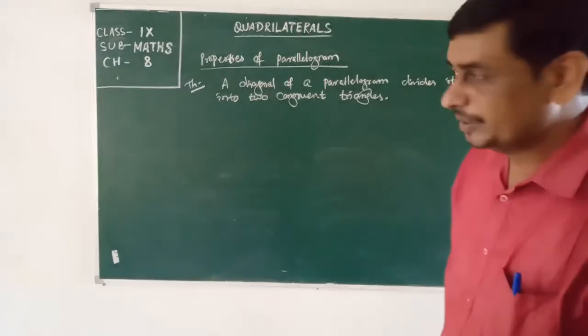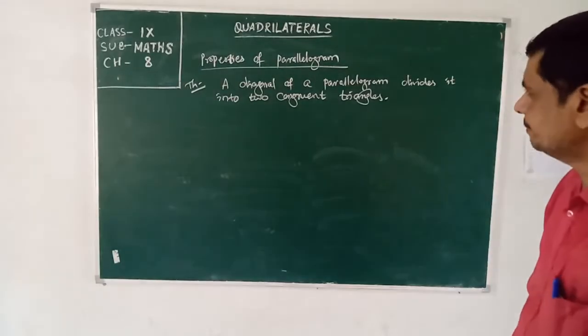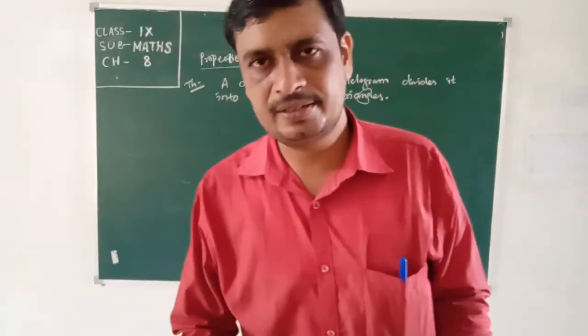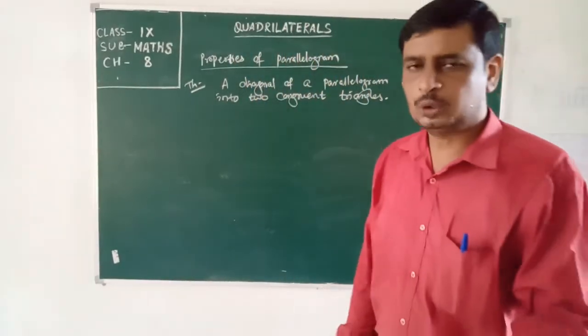A diagonal of a parallelogram divides the parallelogram into two congruent triangles. We have to show it. How to show?